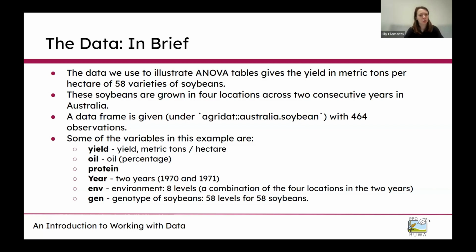It was soybeans grown across 4 locations in 2 consecutive years in Australia, 1970 and 1971. There are 464 observations or rows, and some of the variables in this example are yield, oil, protein, year, environment, genotype, and so forth.